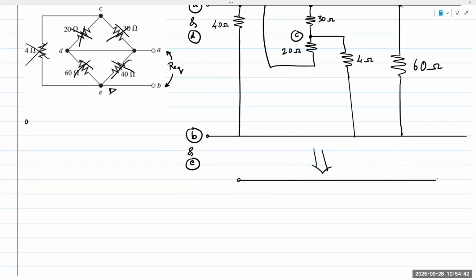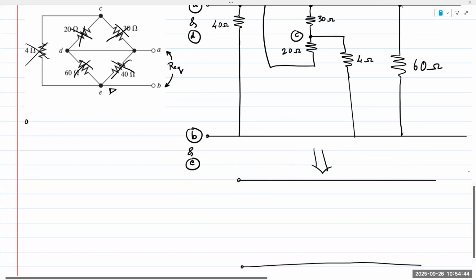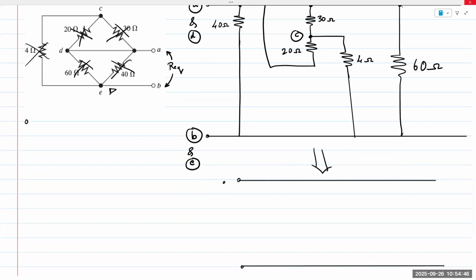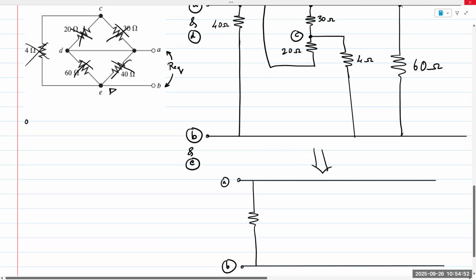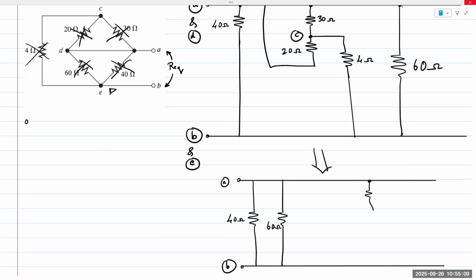A and B. Let's get these out of the way first. That's the 40, that's the 60 in parallel. Then I have the 4 ohm resistor. Actually, I'll worry about 4 ohms later. But I have the 30 ohm resistor, and I have the 20 ohm.